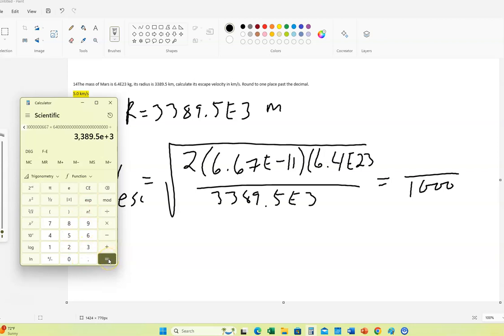All right, so this is not the answer. This is what would go underneath the radical. And then now all I have to do is take the square root of that.